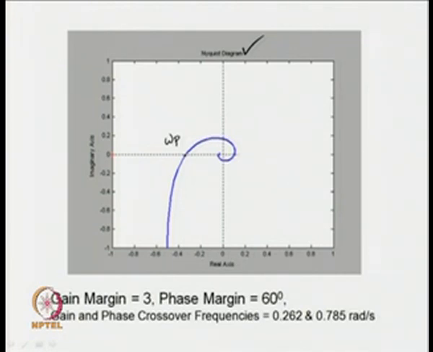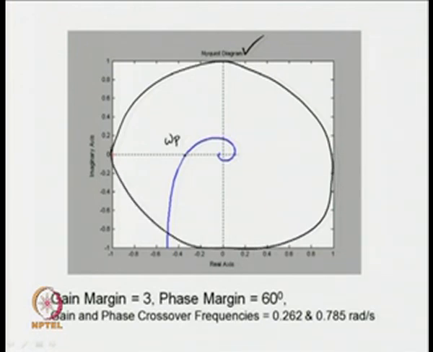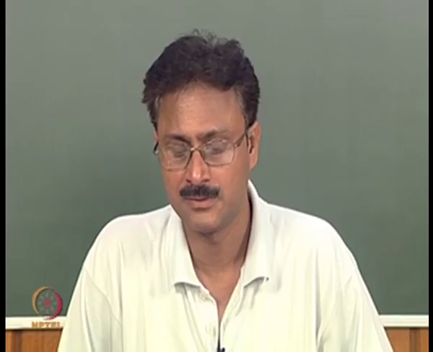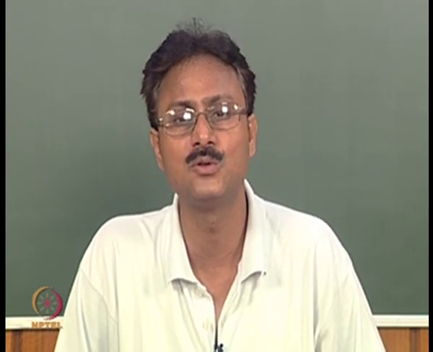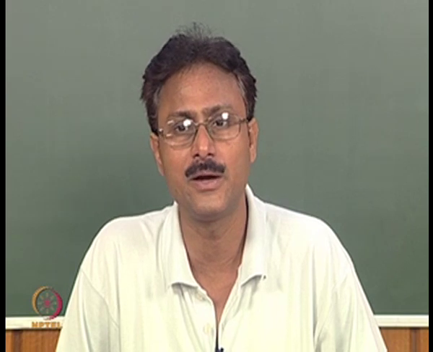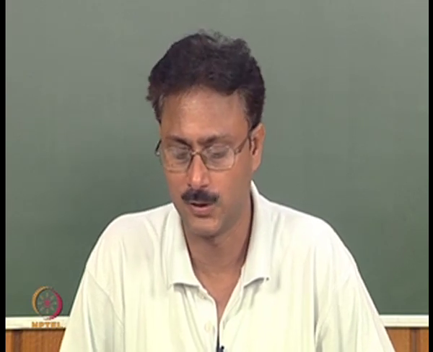Similarly, when the unity circle is plotted approximately of this form, this point gives us the gain crossover point omega g. So, at the gain crossover frequency we are at this point where the gain equals 1. So, similar information like the one we get from Bode plot can be obtained from Nyquist diagram. Basically, we are able to locate the phase crossover point and the gain crossover point.